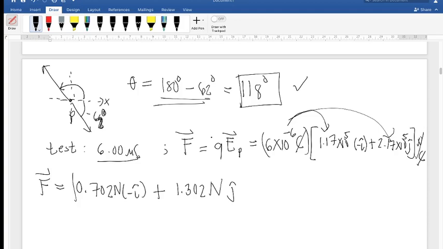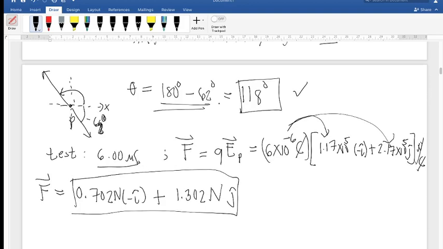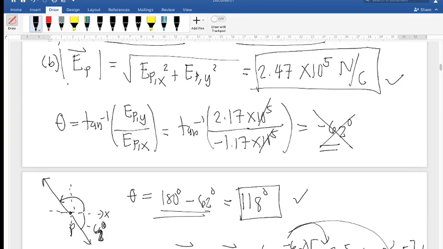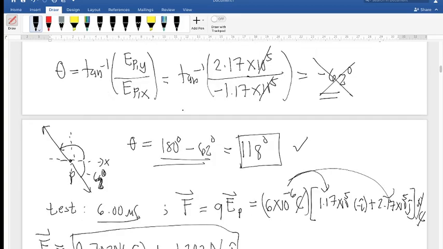Next, we have to find the magnitude and direction. How to find the magnitude and direction? It is the same way or formula as getting the magnitude or direction of the electric field.